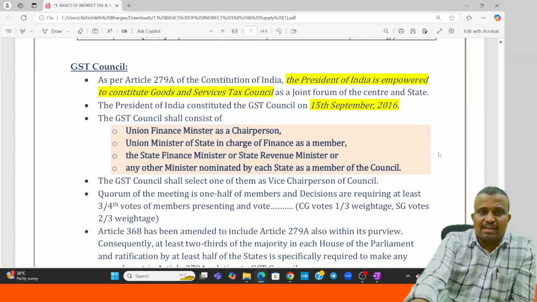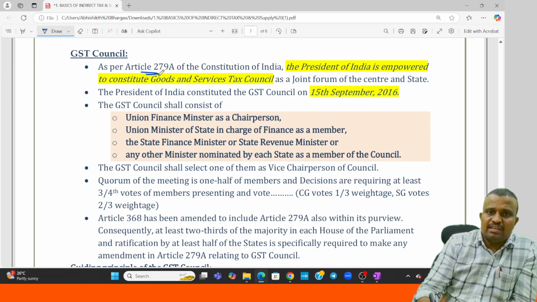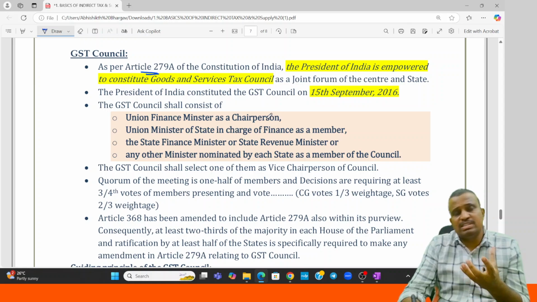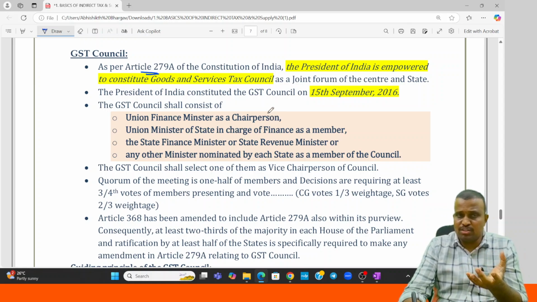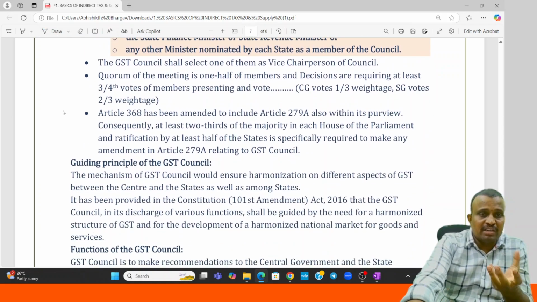Okay, coming to the GST Council. Article 279A provides for a joint forum of central and state governments called the GST Council, and it is headed by the President of India. Why has the GST Council been introduced?